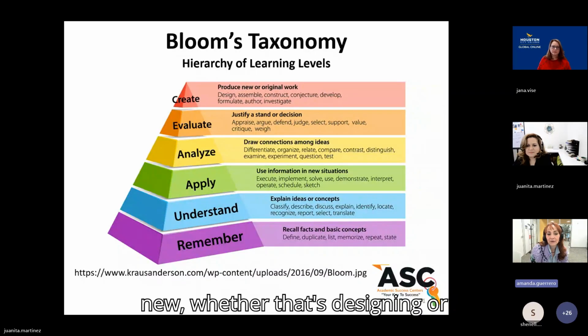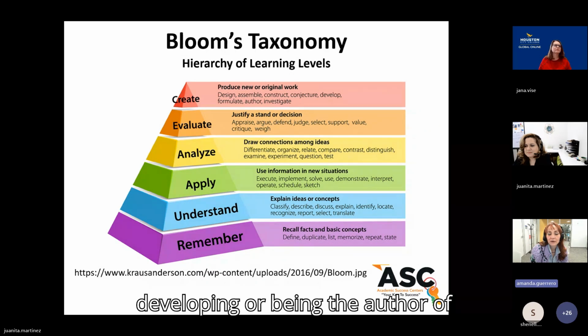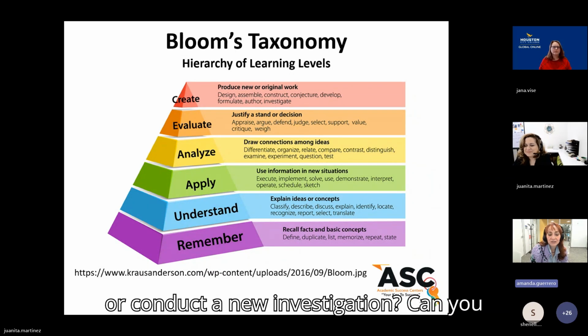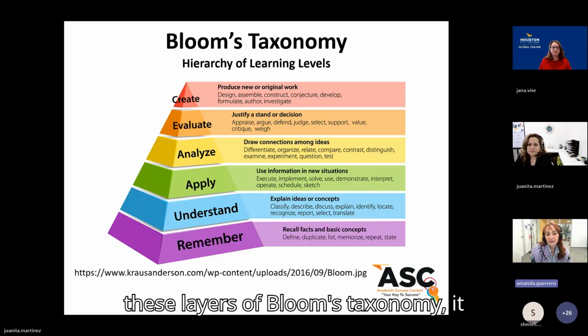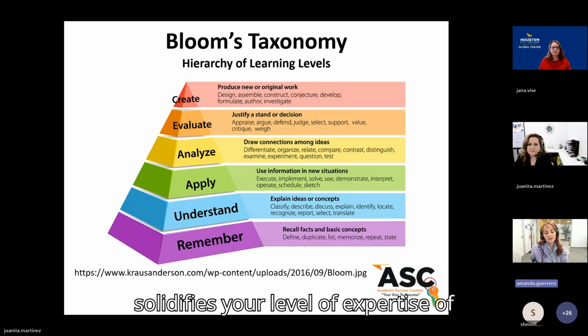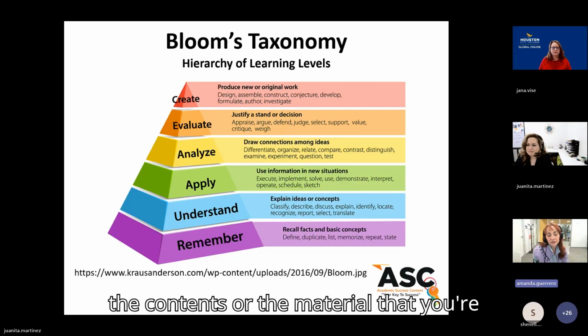Whether that's designing or assembling or constructing or developing or being the author of, or conducting a new investigation. Can you create something? So as you move up on these layers of Bloom's taxonomy, it solidifies your level of expertise of the content or the material that you're going over.